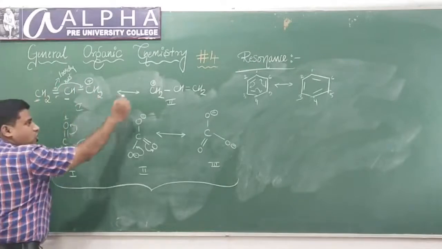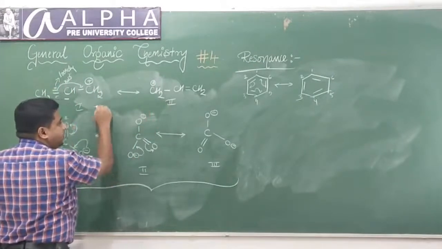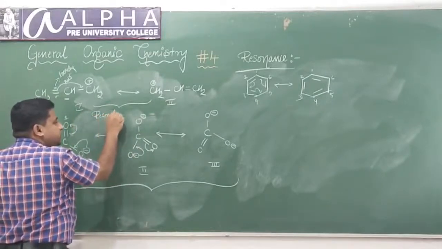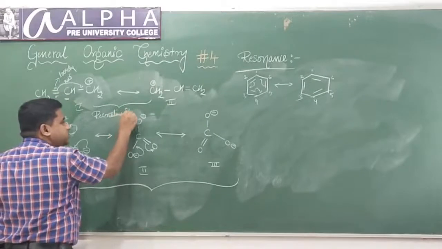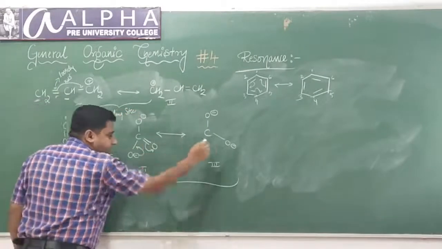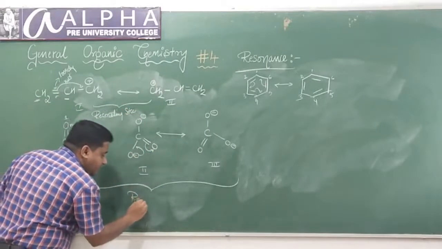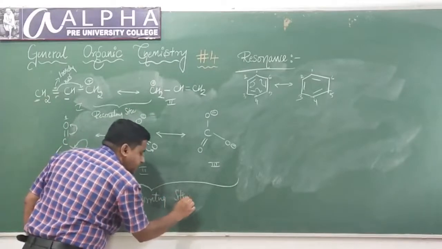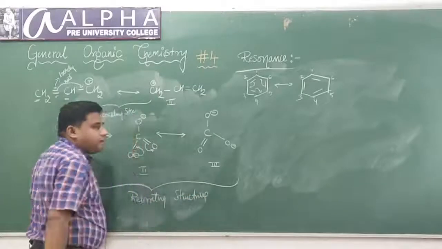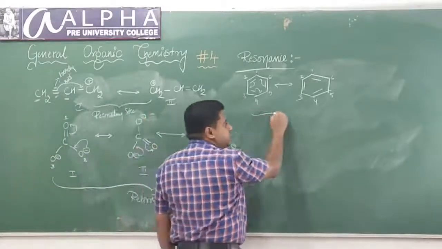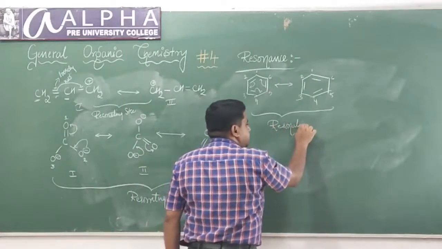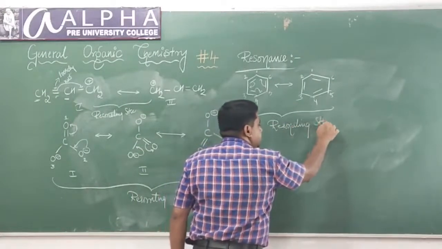And what are these called? These are called resonating structures. What are these called? Resonating structures of carbonate. And these are called resonating structures of benzene.